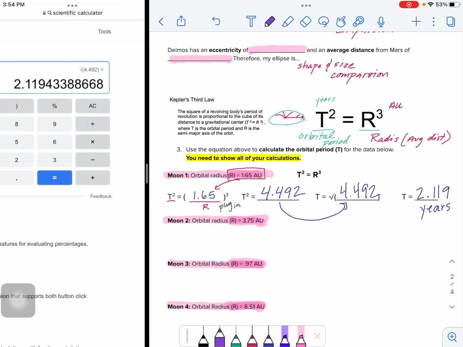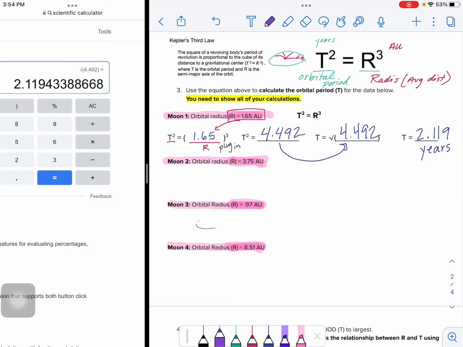So following the same setup for moon number 2, I have my orbital radius given to me. So I'm starting again with T squared equals my number given, cubed.